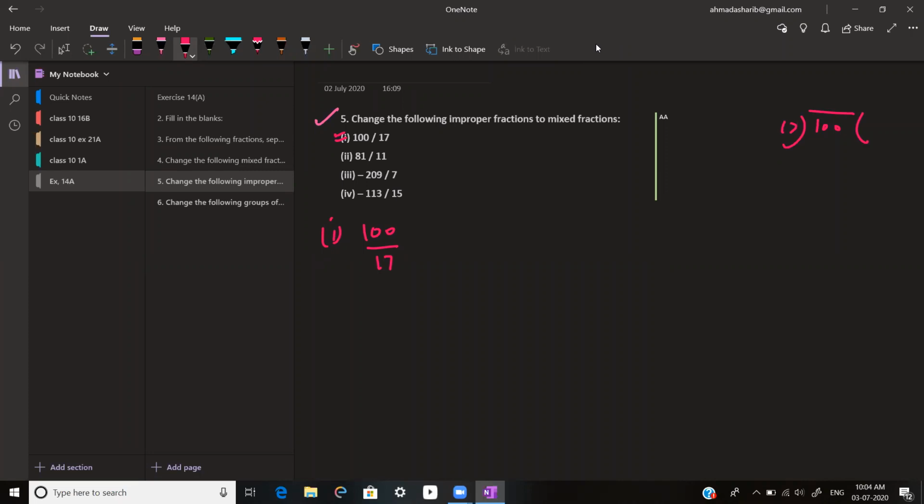So 17 fives are 85. Okay. So you have got 15 here. So this is your remainder and this is the quotient.